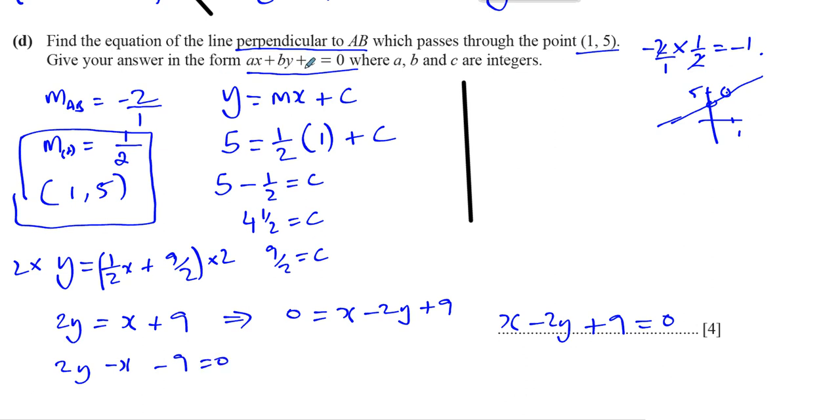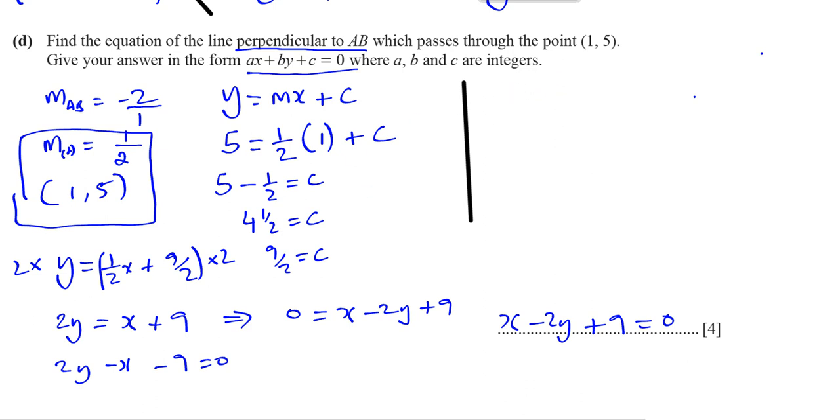Now I'm going to show you how to answer the same question using the other formula that we learned, which I think in this particular type of question, when they ask us to express an answer in this form and the gradient is a fraction, is probably easier to use. But there's no problem if you don't use it. You can do it the other way. The other formula is y - y1 = m(x - x1).